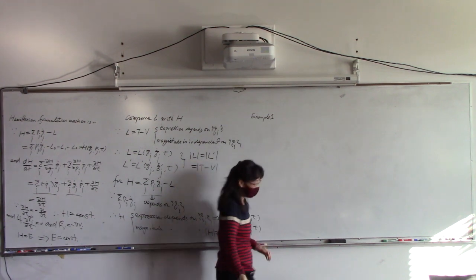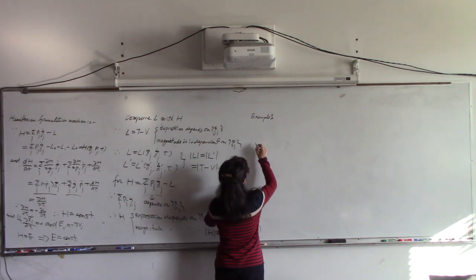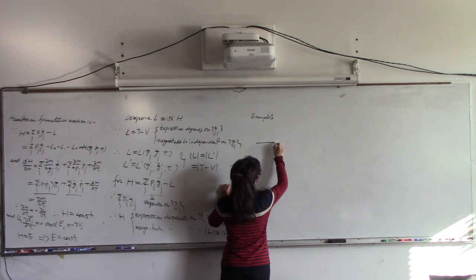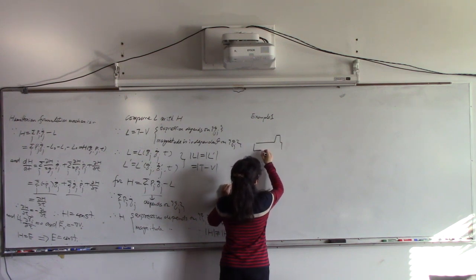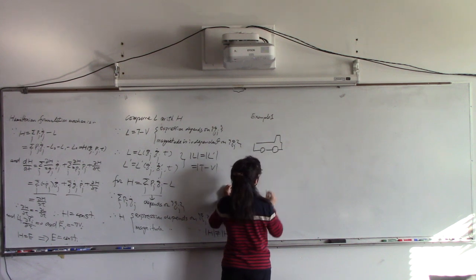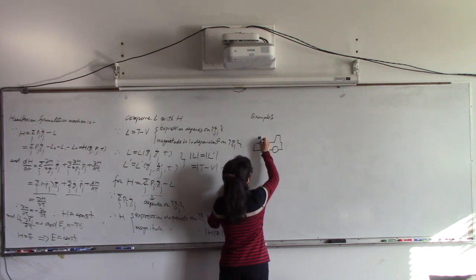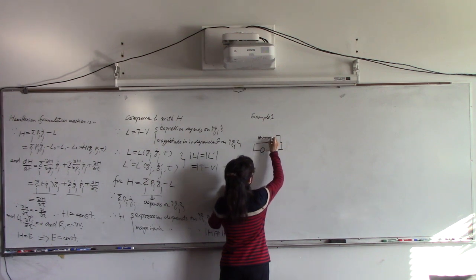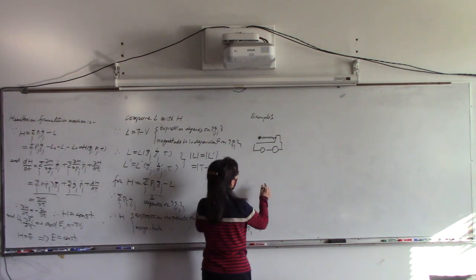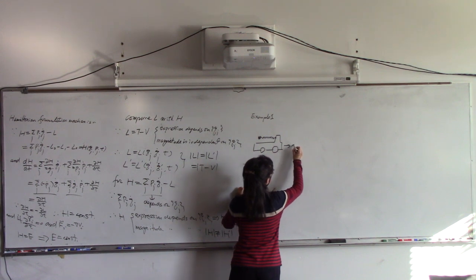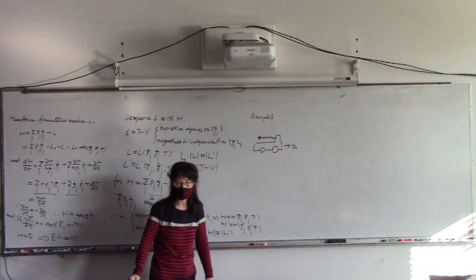Example 1 is like this. Here we have a cart, and we have a mass here. One end is in contact with the spring, and the spring's other end is connected with the cart. So the cart moves at constant velocity.